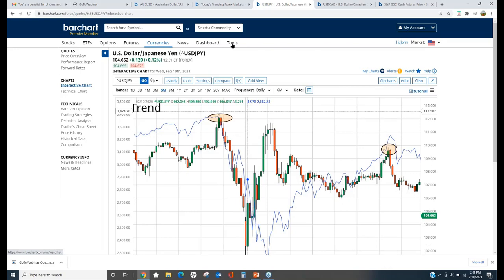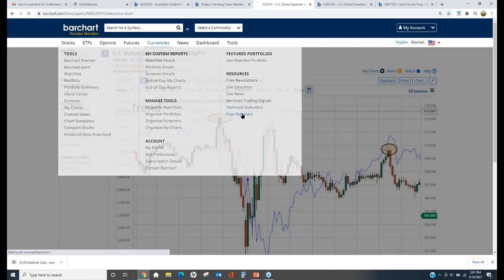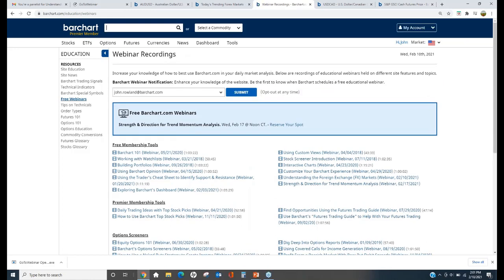I know what Gene's going to make me show you guys: next week, we're going to look at our strength and direction signal indicator in Barchart. What's nice about this one is that it is a little bit confusing to some traders how to use it.